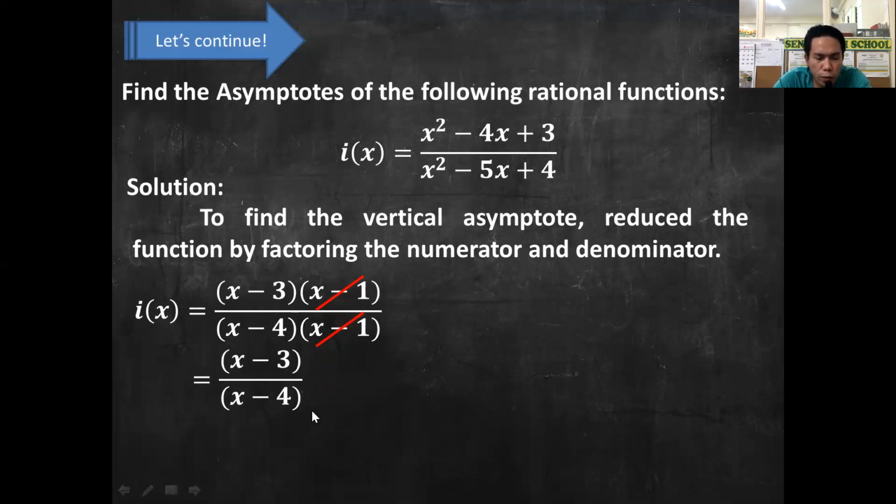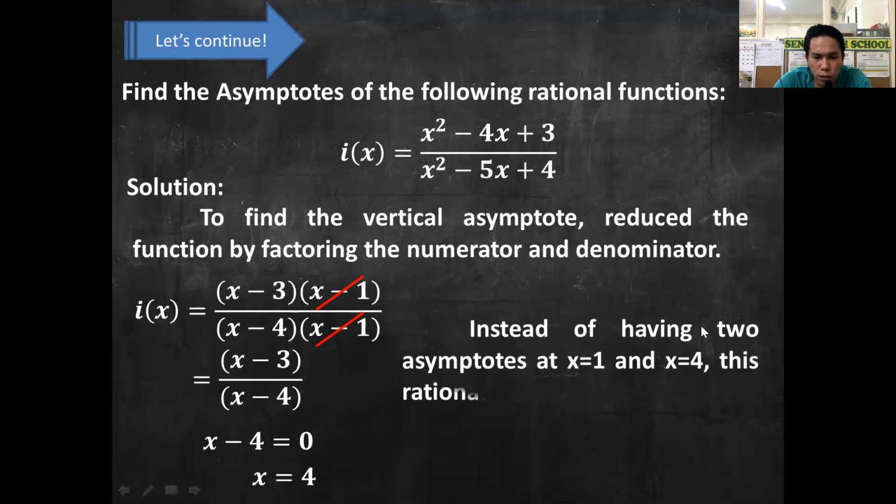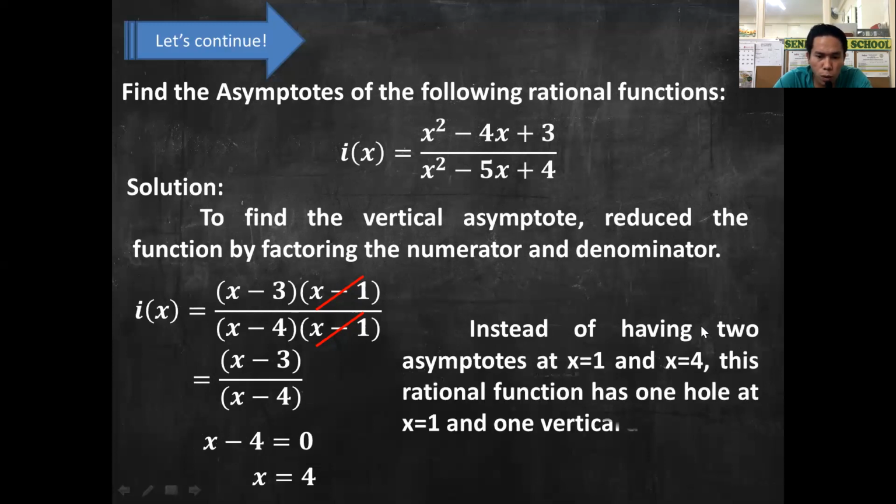Okay? So we are going to equate our denominator to 0 para mahanap yung ating vertical asymptote. So x minus 4 is equal to 0. So we'll have x is equal to 4. Therefore, our vertical asymptote is x equal to 4. Okay? So instead of having two asymptotes at x is equal to 1 and x is equal to 4, this rational function has one hole at x equal to 1 and one vertical asymptote at x is equal to 4.